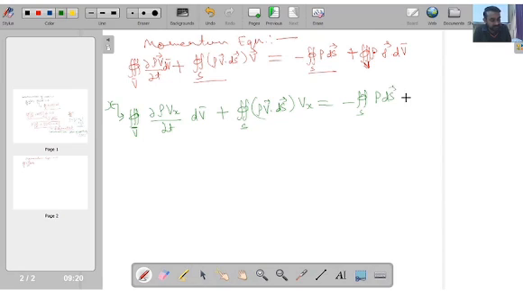pressure force will remain the same, and body force will become the volume integral of rho fx.